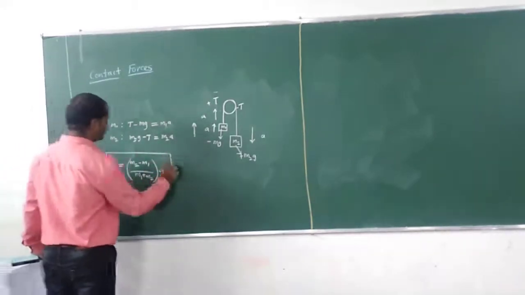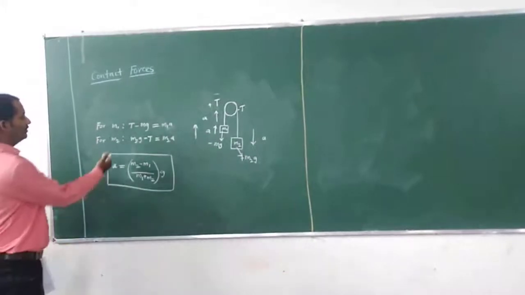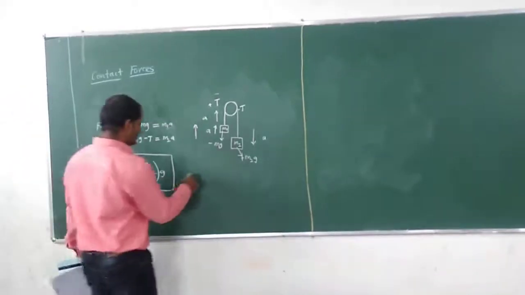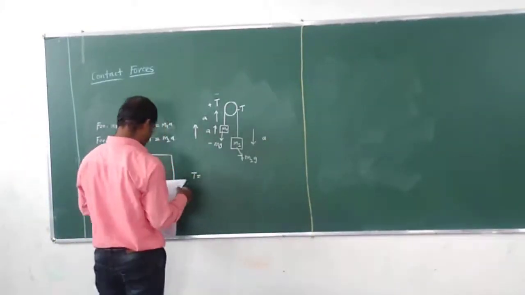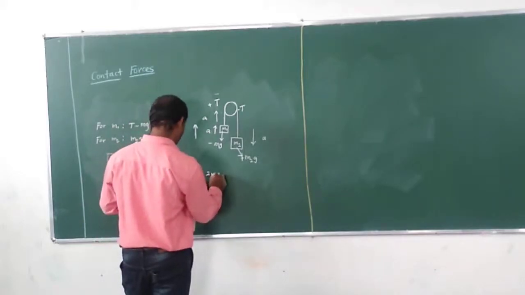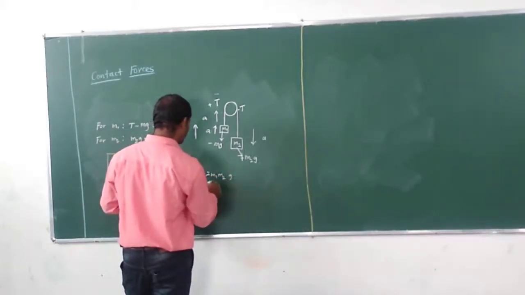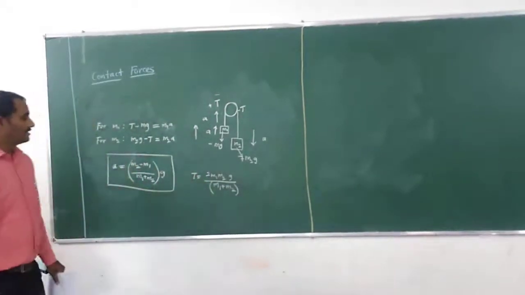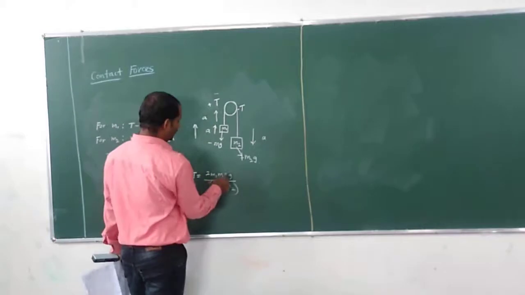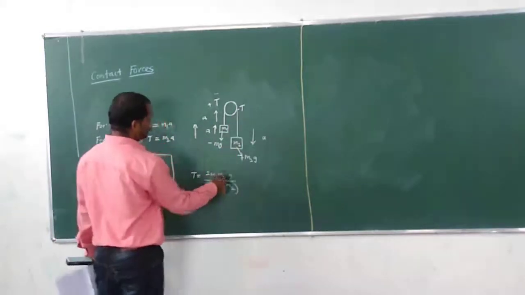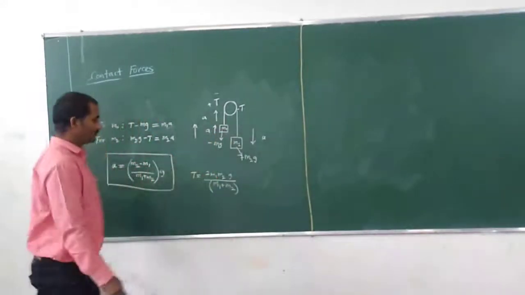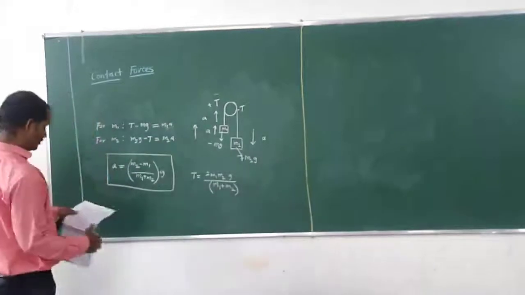So this is acceleration. तर आपण काय फाइंड केलो, acceleration of these bodies किंवा of this system. ठीक आहे. त्याच्यानंतर आपण फाइंड करणार टेन्साइल. तर T is equal to 2 m1 m2 g divided by (m1 plus m2).